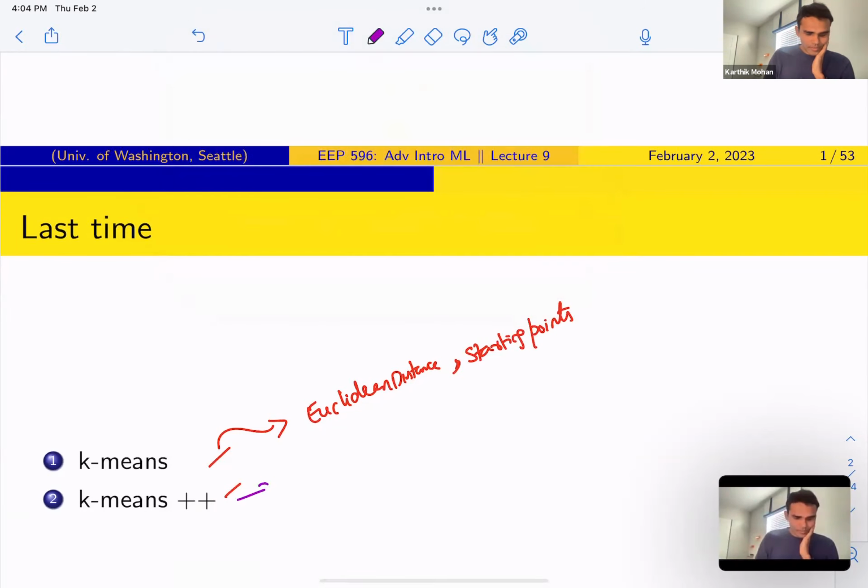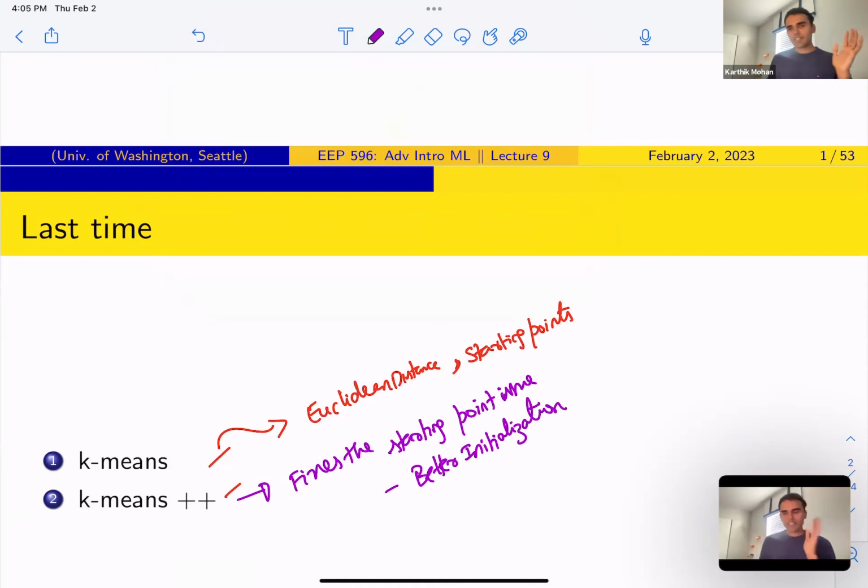So k-means plus plus fixes the starting point issue. It uses a better initialization, and once it does the initialization, it continues with k-means. So k-means plus plus is just a better initialization plus k-means, which we already looked at.